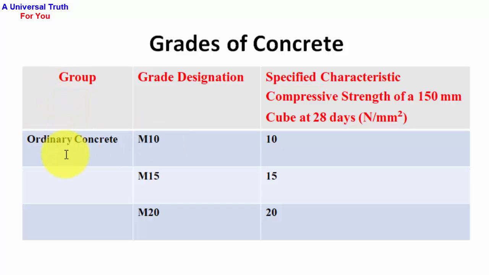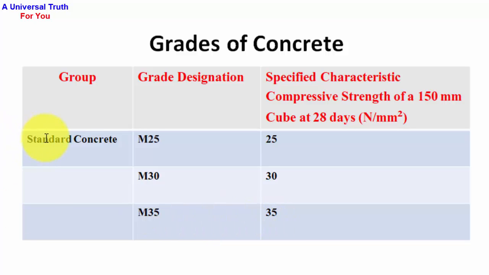So in group ordinary concrete, the grade designation is M10, which has compressive strength of 10 Newton per mm square of 150 mm cube. Similarly, for M15, it is 15 Newton per mm square. For M20, it is 20 Newton per mm square.